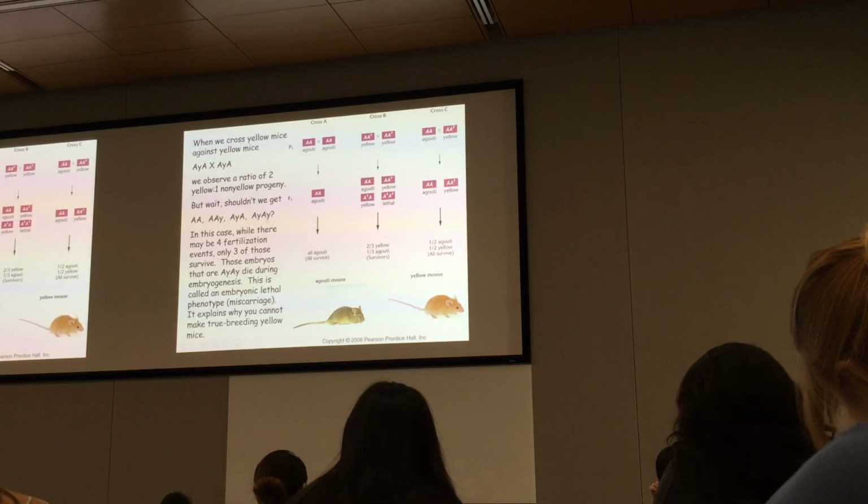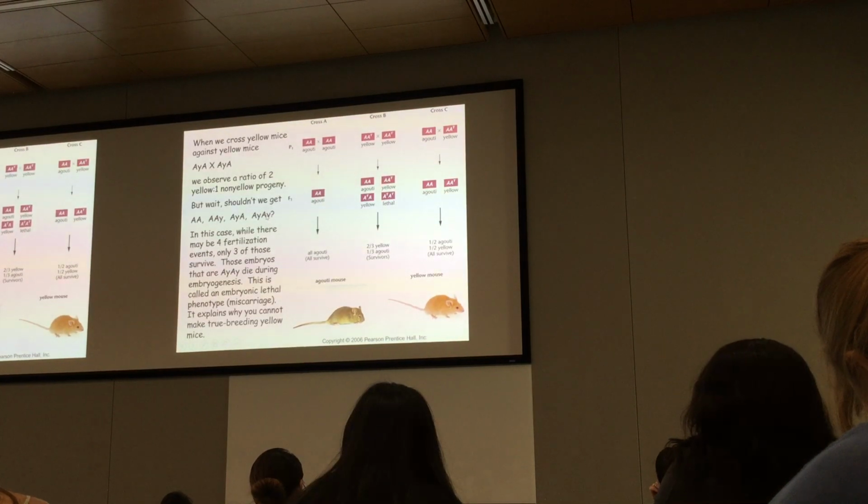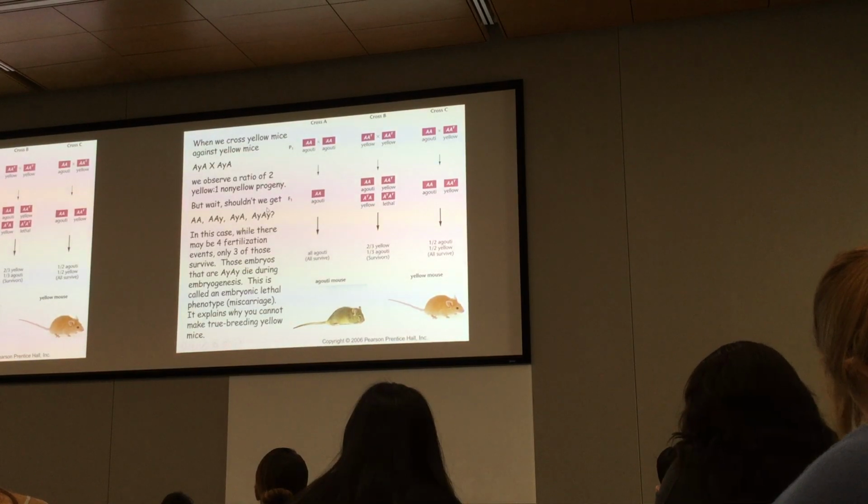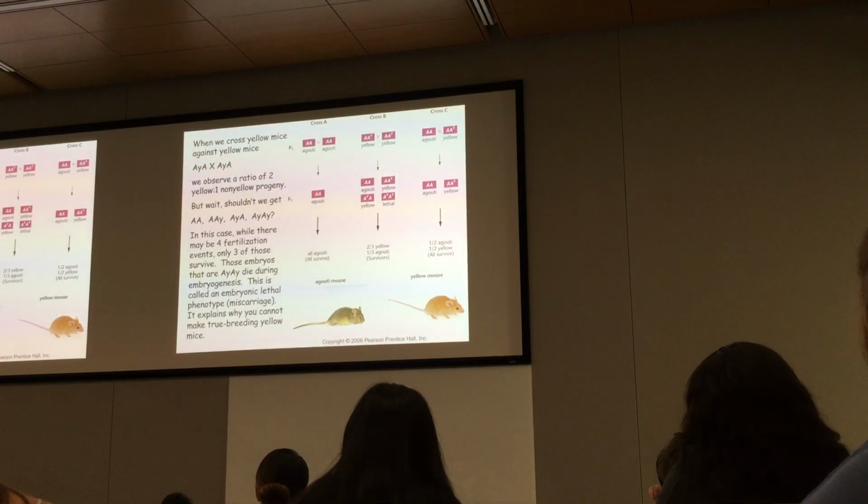So even though we may get these fertilization events occur early on, those embryos will die due to embryonic lethality, basically miscarriage. Okay, and so what actually continues to birth will be the other 3, and that's why we get this out of 3 output of progeny in this cross.